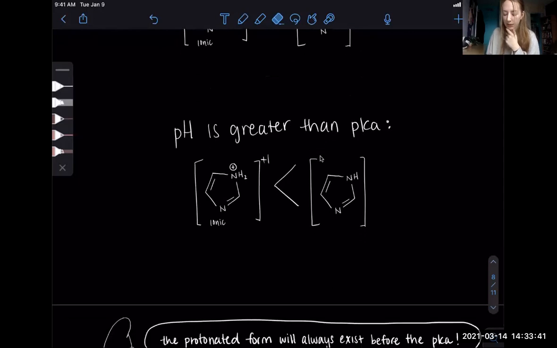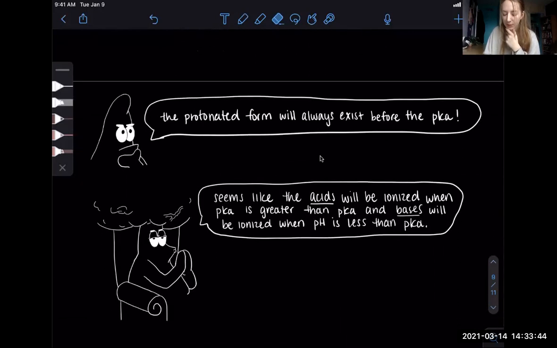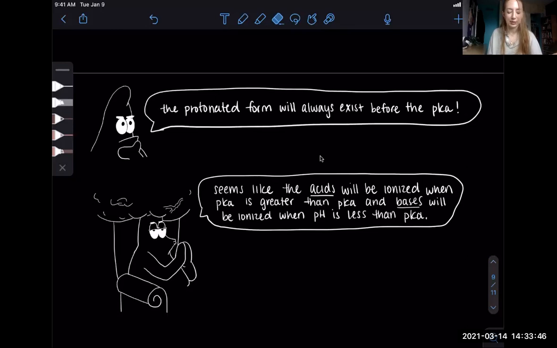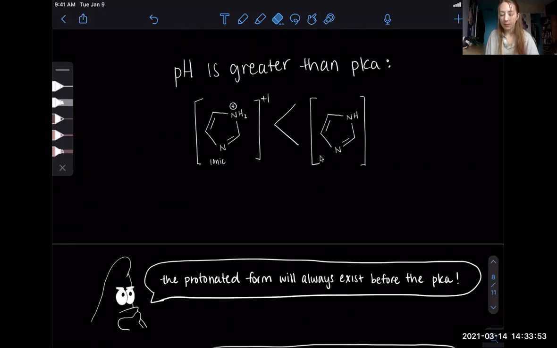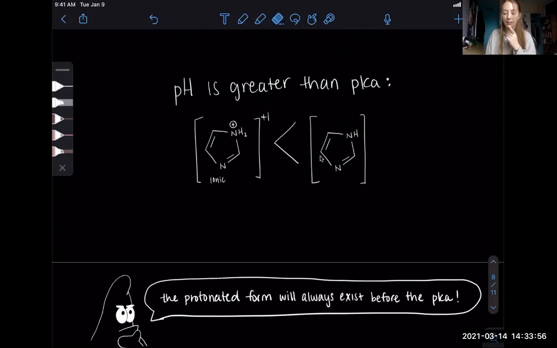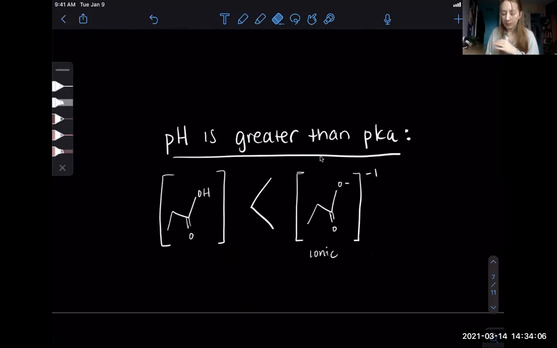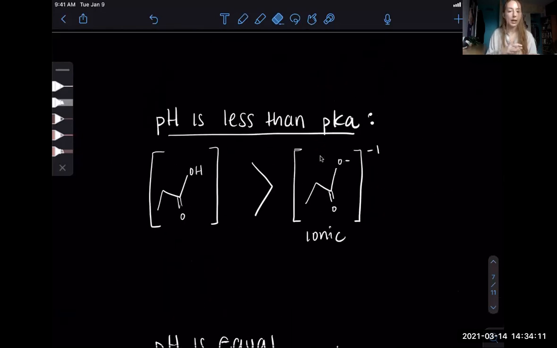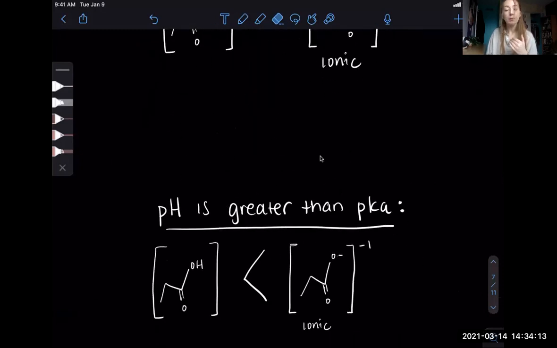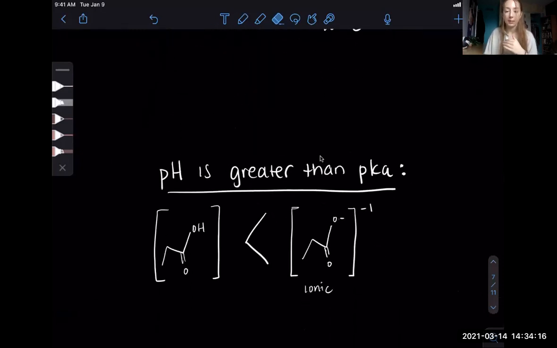So how do we put that all together? The protonated form will always exist before the pKa. The bases are protonated before the pKa, and then predominantly not protonated after the pKa. Similarly with the acids, the protonated form is dominant before the pKa, and the deprotonated form is dominant after the pKa.